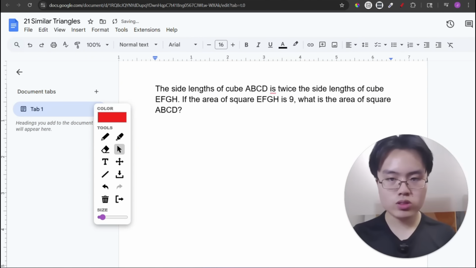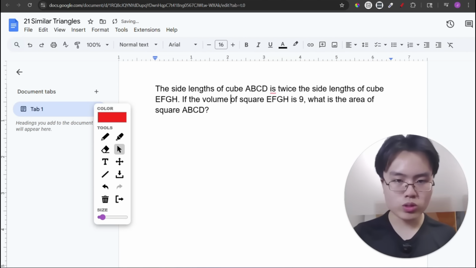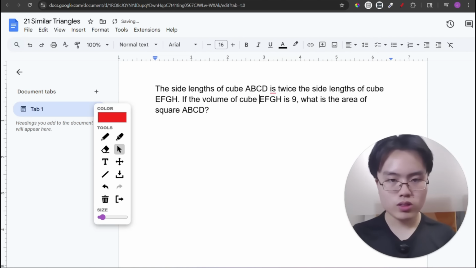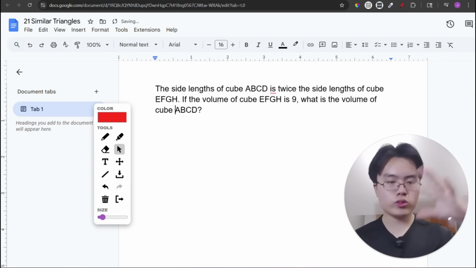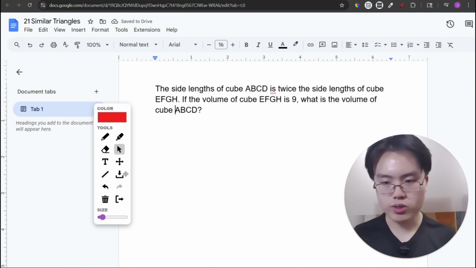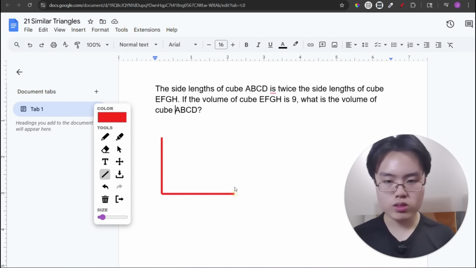And let's do the volume. If the volume of cube EFGH is 9, what is the volume of cube ABCD? Okay, it's the exact same thing, but now we're dealing with three-dimensional volume instead of area. So what do you do to solve this? This should be pretty similar in at least how you solve this question.